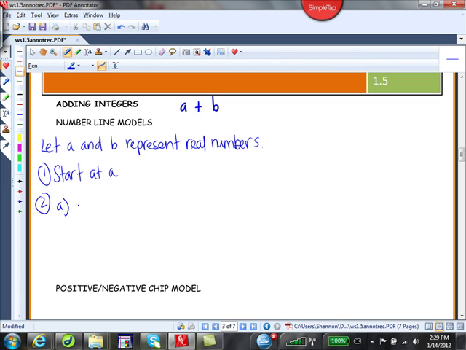Then secondly, there's different situations. If b is positive, move b units to the right.